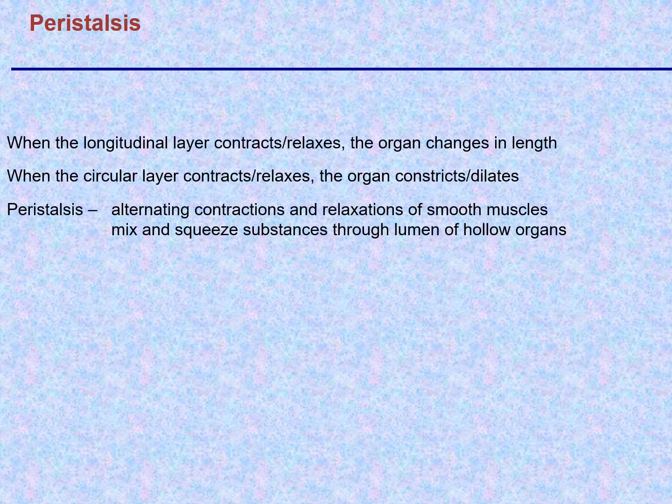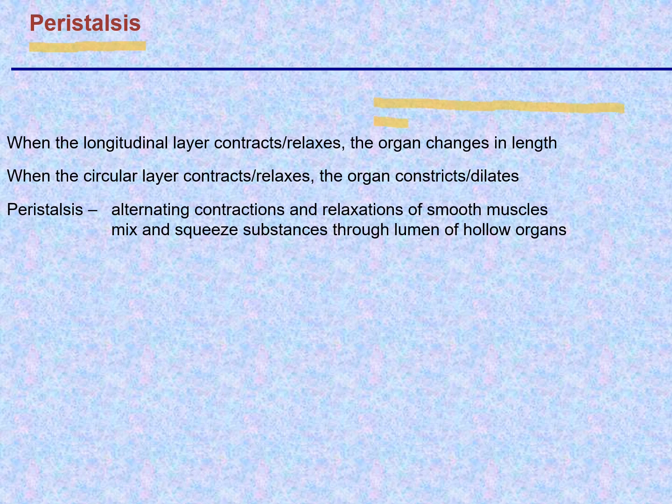Well, one thing that the gastrointestinal tract does is it carries out peristalsis, rhythmic contractions of the smooth muscle layer around the GI tract. If the longitudinal layer of smooth muscle contracts, then the organ will change in length. With contraction, you get shortening of the length in the area where you have contraction.